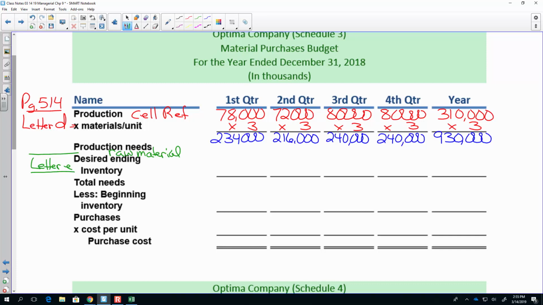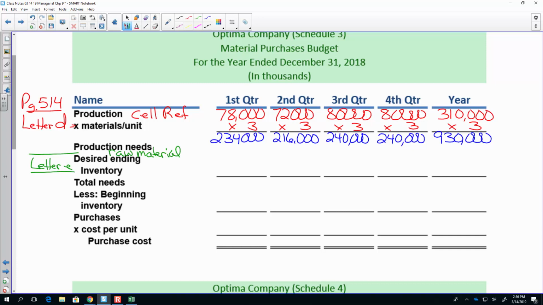What percent are they looking at? 30. But what is the 30% on? Next quarter sales. But we're not doing it that way. We're going to do it next quarter's production needs.